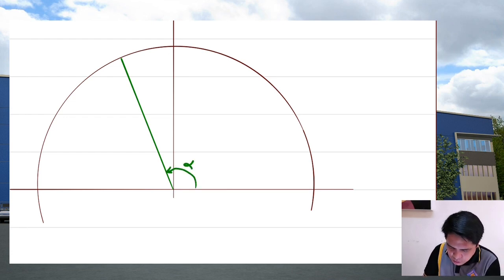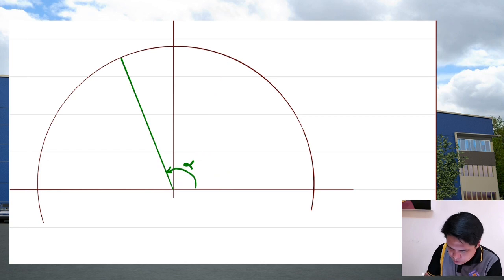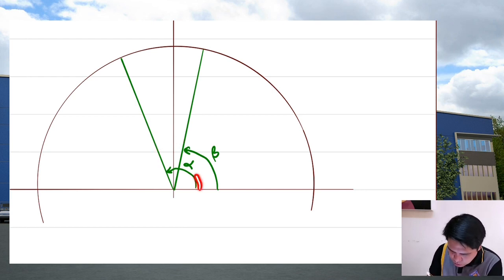Then, beta, ito. Let's say, ito yung beta. From here to here, that's beta. Okay? Taasan pa natin na lang. Ito. Ayan. So, this angle is beta. Now, the difference between the two angles, so this minus this is equal to this.